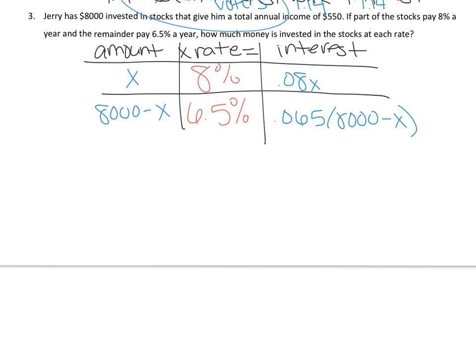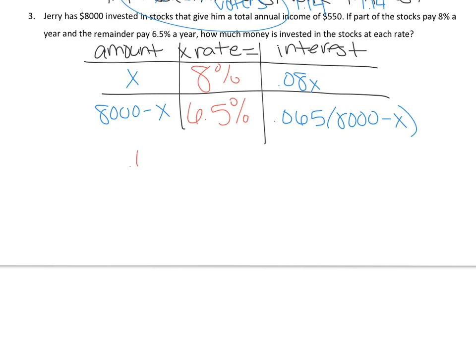If I go back and read my problem, it says his stocks gave him a total annual income of $550. What am I going to do with these numbers? How'd you know that? Total? Doesn't total mean addition? Right? Keywords? Okay? So yes, we're going to add these two together and set them equal to a total.